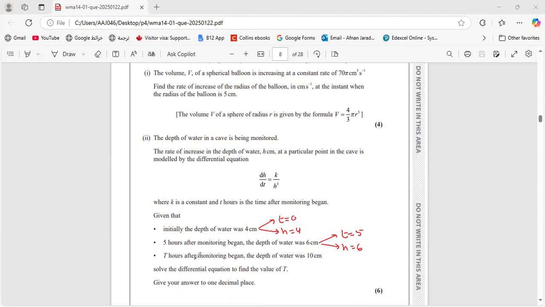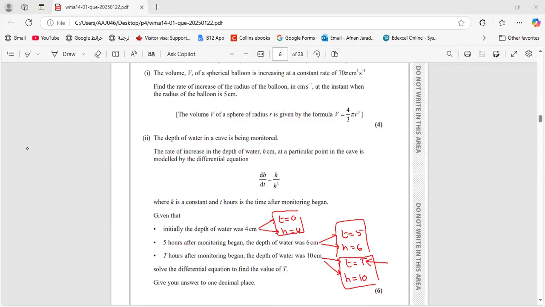T hours after monitoring began, the depth of water is 10, so when t equals capital T, h must equal 10. Look at this information. Solve the differential equation to find the value of T. Give your answer to 1 decimal place.